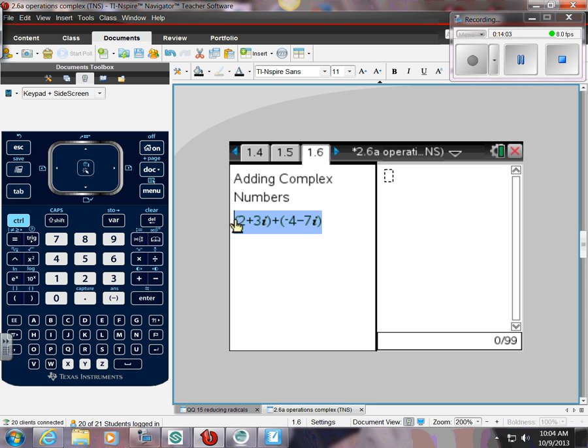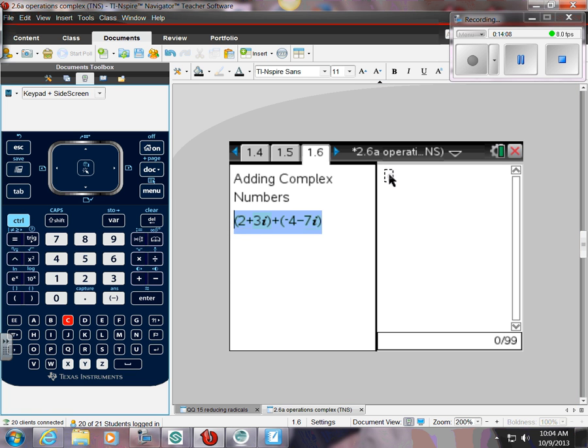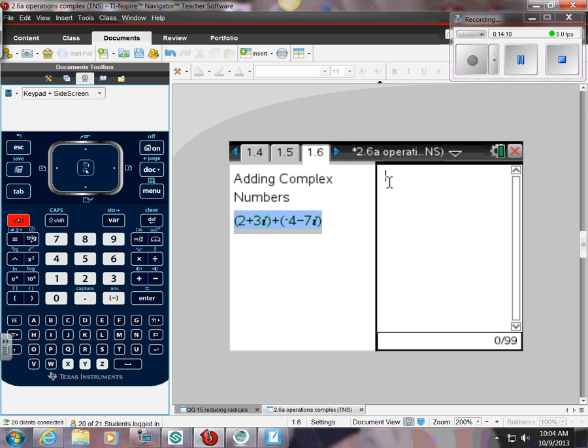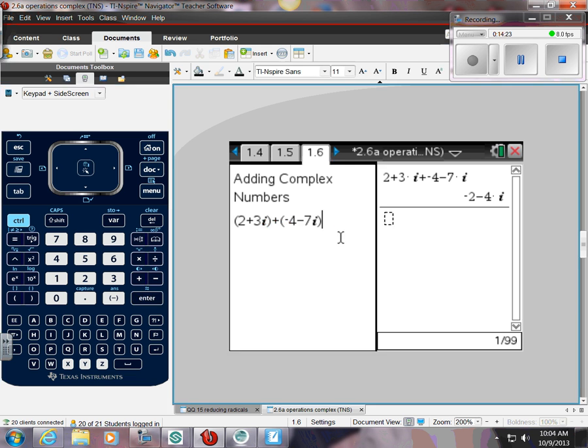Then you can hit Control-C to copy and Control-V to paste, just like on the computer. Did we get the same answer? Yes, indeedy.